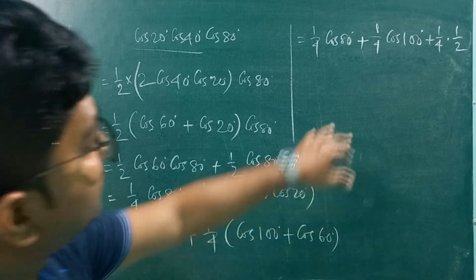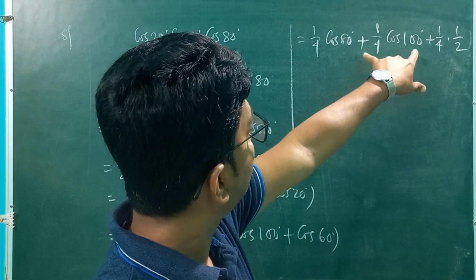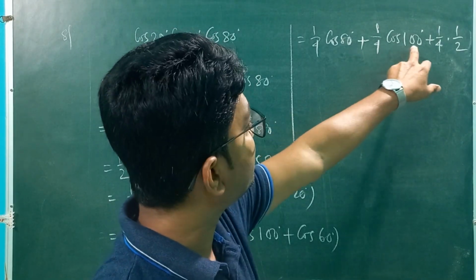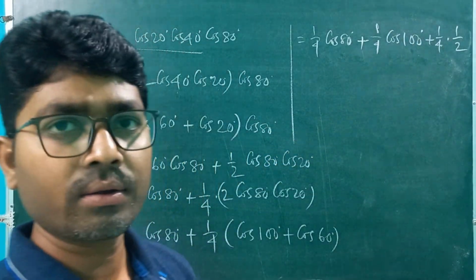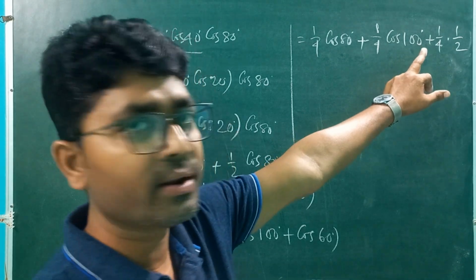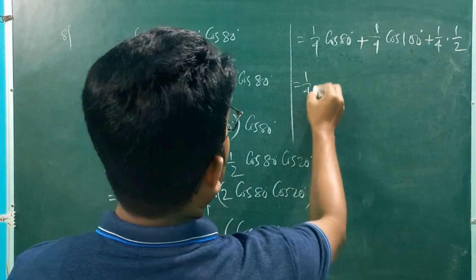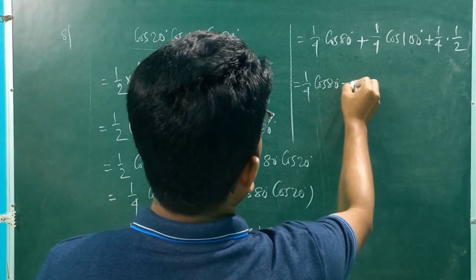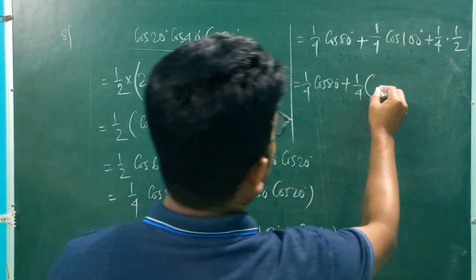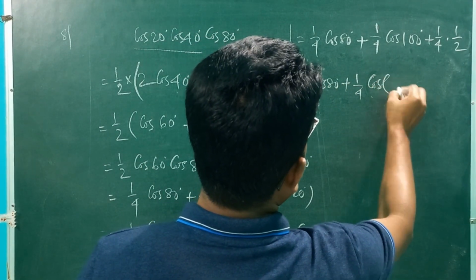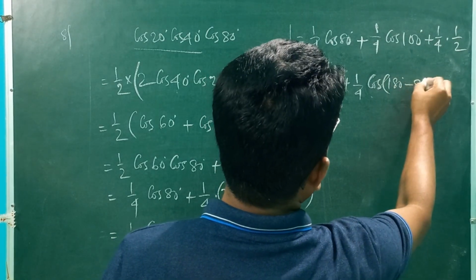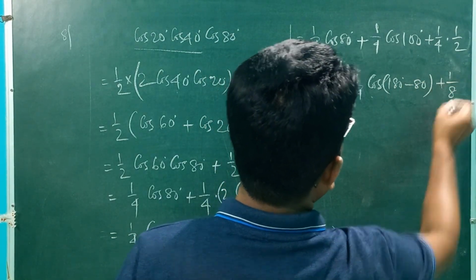Now I can change the angle 100 or 80. I can change just this angle 100: you can write 100 degree as 180 minus 80. So change the angle: 1 by 4 cos 80, plus 1 by 4 cos(180 minus 80), plus 1 by 8.